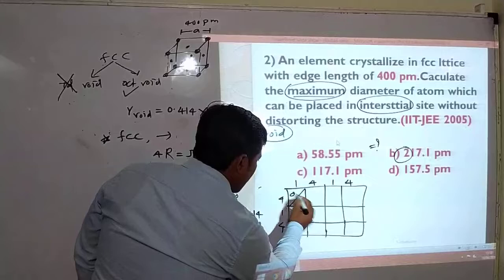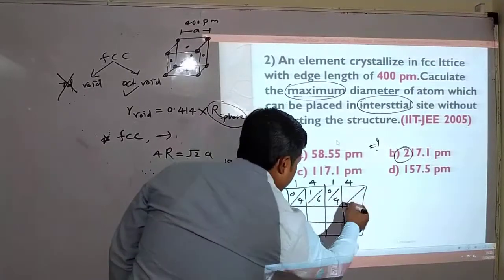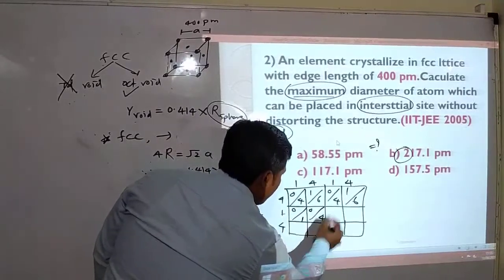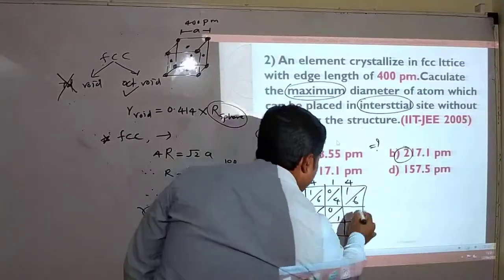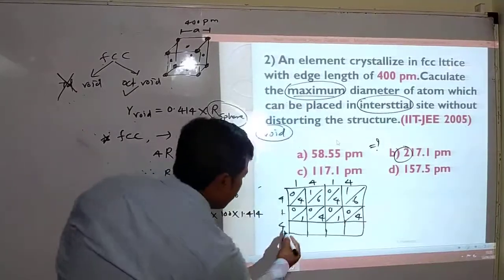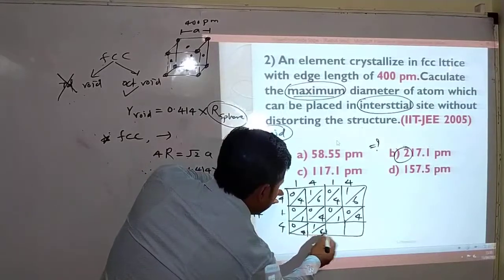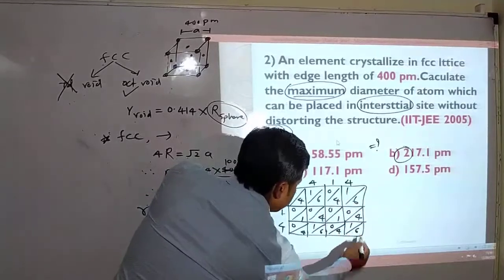Now 4 ones are 4, 4 fours are 16, 4 ones are 4, 4 ones are 4. Here is 1, so 1, 0, 4, 0, 1, and 4 ones are 4 once again. Now here, same, 4, 1, 6, 0, 4 and 1, 6.